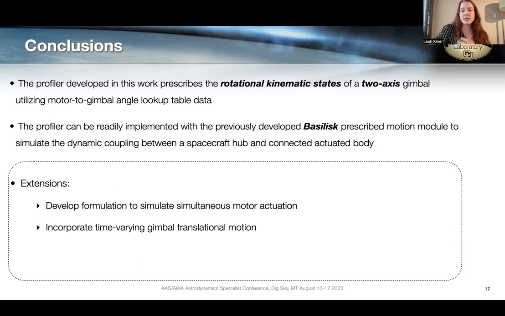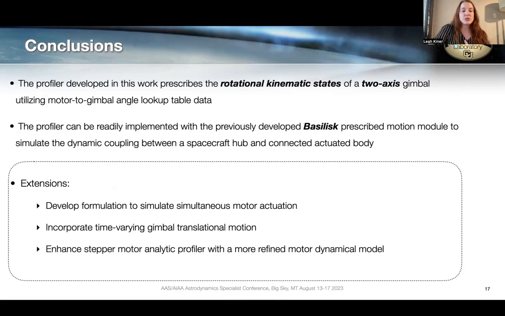And there are some effects of the gimbal translation from the motor actuation. And then we also want to enhance the dynamical model of the stepper motor because the profiler used in this work is very simple and not entirely characteristic of the electrical dynamics of stepper motors.